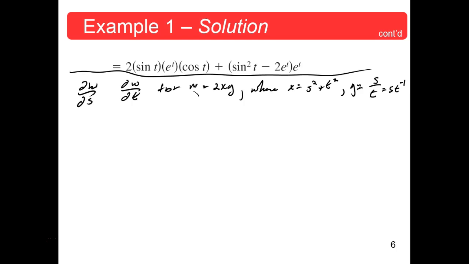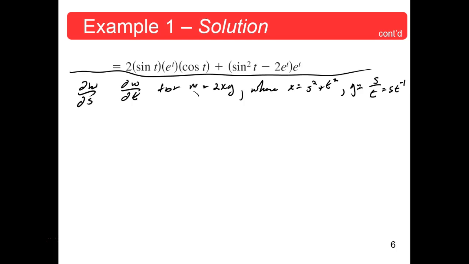So now, rather than total derivatives, you have a partial of x with respect to s, and a partial of x with respect to t, a partial of y with respect to s, and a partial of y with respect to t, which was not quite the same as what we had in the earlier examples.